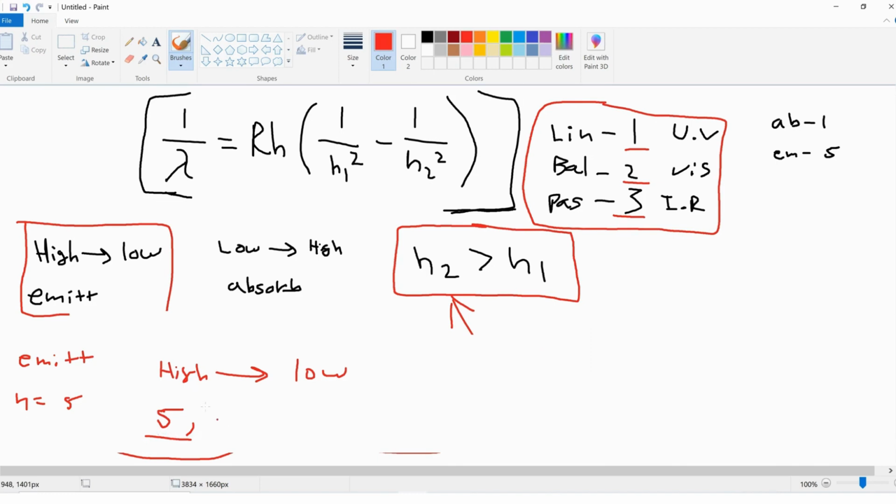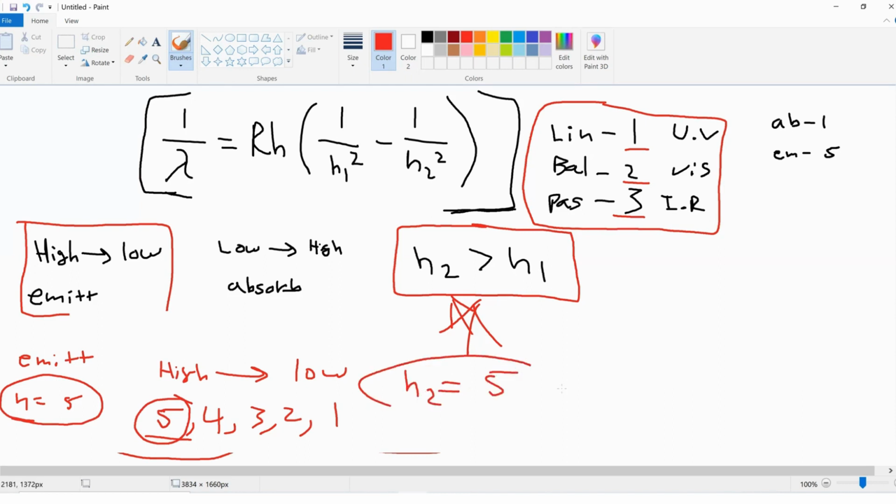So for example, 5, 4, 3, 2, 1. And going back to this again, what this tells us is that 5, the number that they give you, should be n equals 2. Because n equals 2 is always greater than n equals 1.